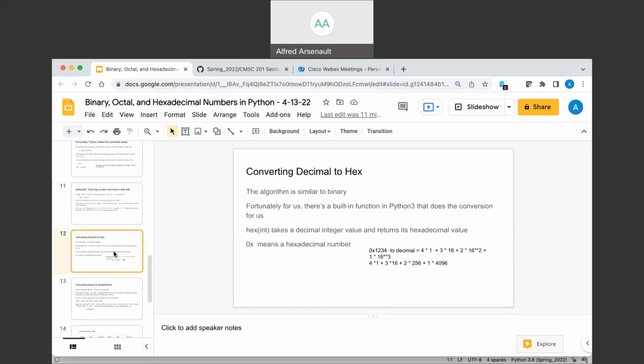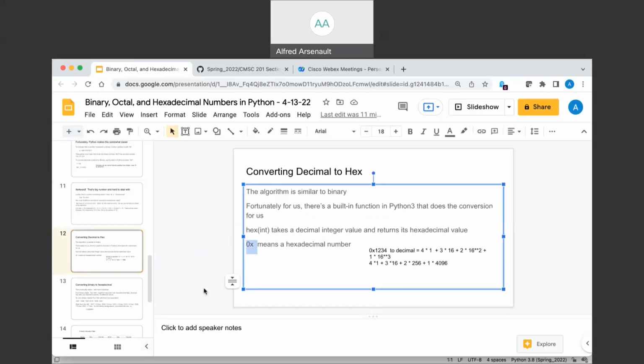The algorithm is similar to binary. Fortunately, there's a built-in function in Python that does the conversion for us. It's called hex. Hex returns a hexadecimal value. Now, just like 0b tells Python that this is a binary number, 0x means it's a hexadecimal number.